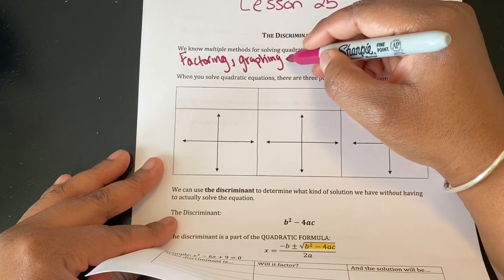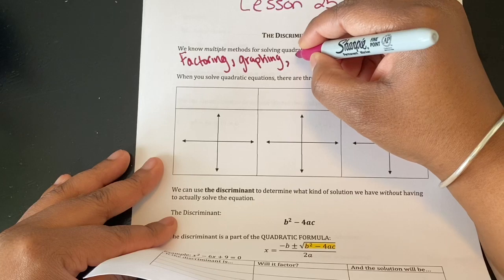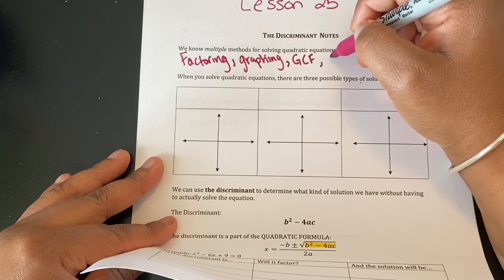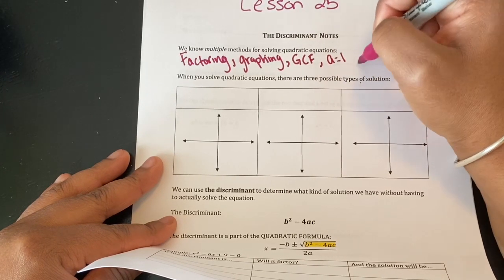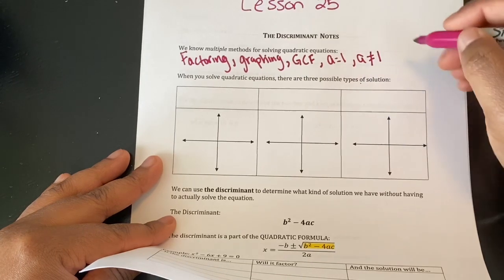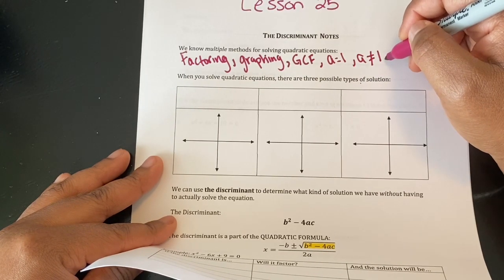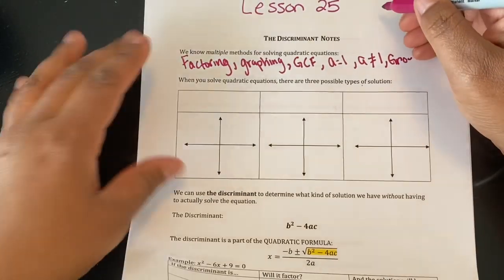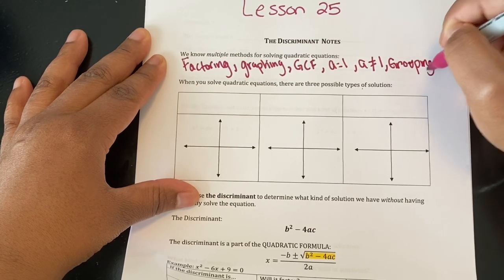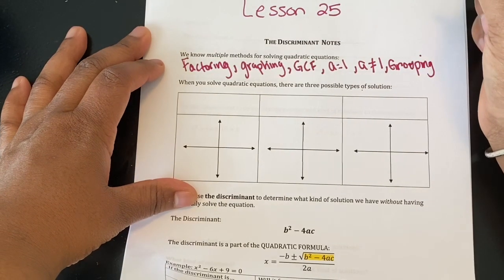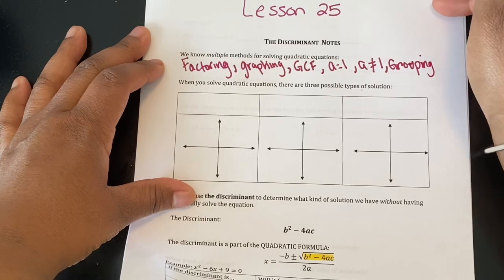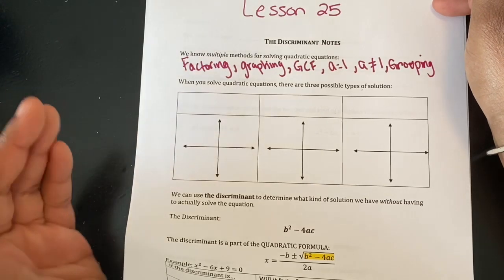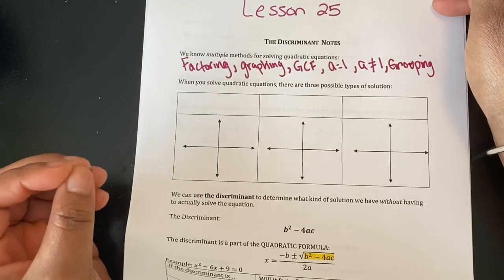And in factoring, we've done GCF factoring, when A is equal to 1, sorry, when A is not equal to 1, and we've also done grouping. I think that's it. So when we're solving quadratics, remember solving means that we're looking for the x-intercepts, right?